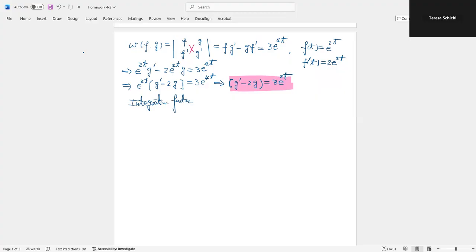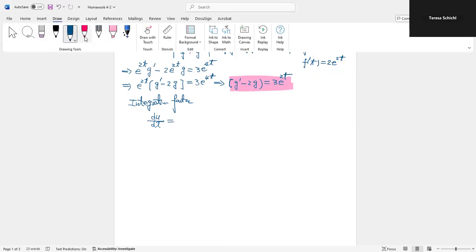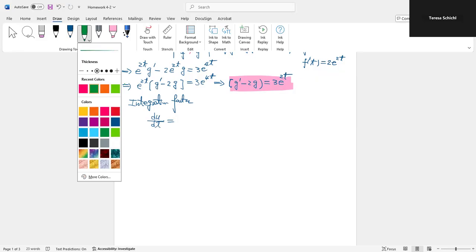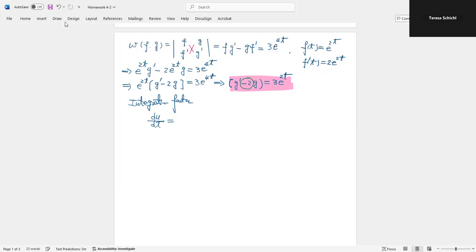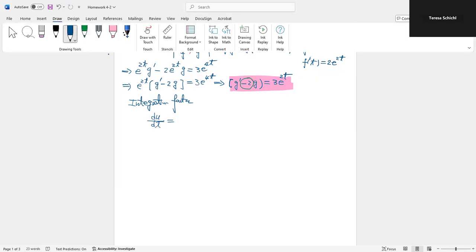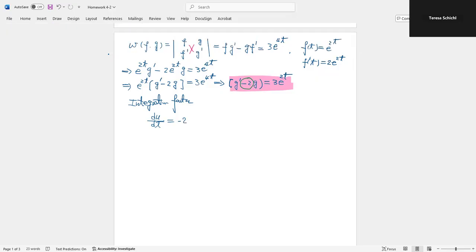The way we find it, we say du/dt is equal to, remember we use this number, -2, so -2 times u.